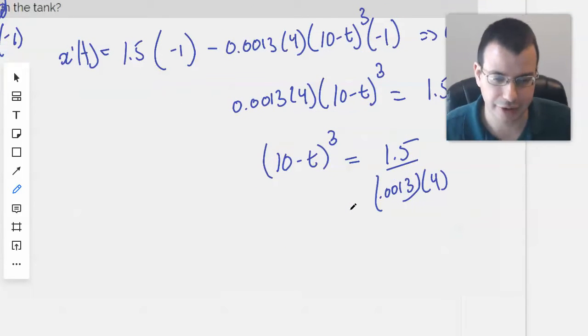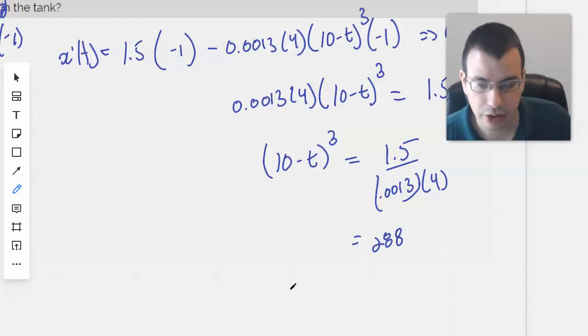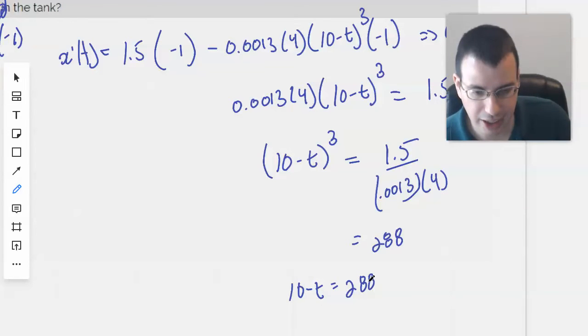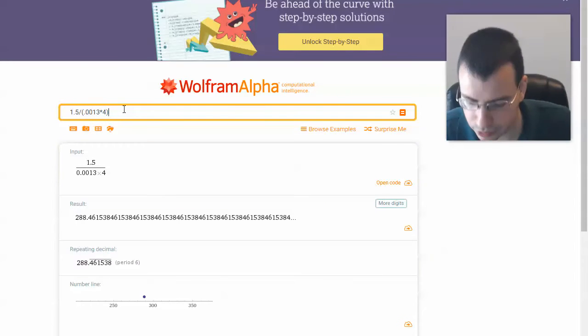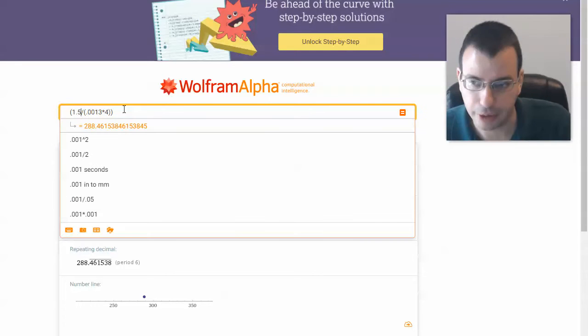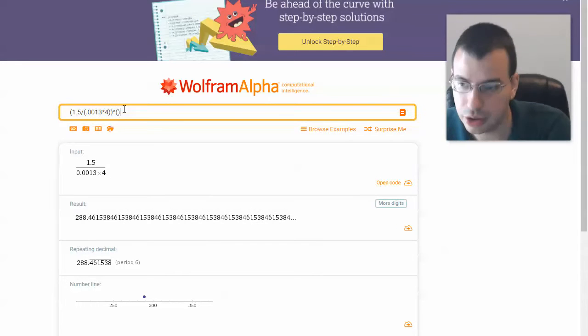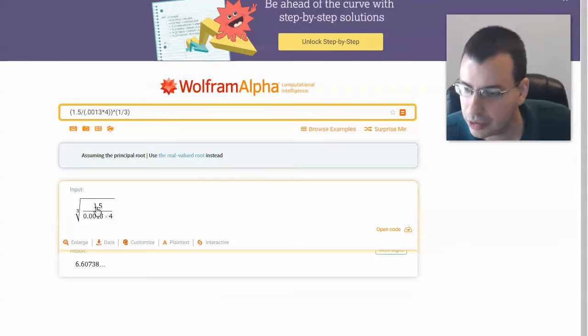Actually, I'll just write it down first. 10 minus t cubed equals 288, so 10 minus t equals 288 cube rooted, and the way I do cube roots is to the 1/3 power. Check to make sure it writes it out correctly.